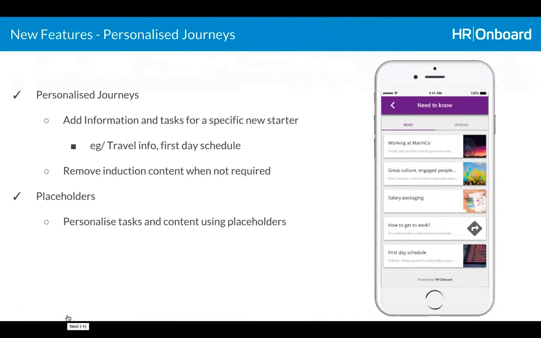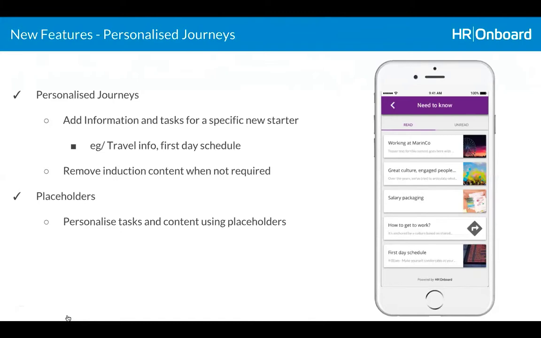So you can create a content card that might appear to that new starter 2 days before their start date, giving them very specific information about what they need to do on their first day. And that's really good. The other use case with this is sometimes there's information in that default journey template that you don't really want everyone to get.